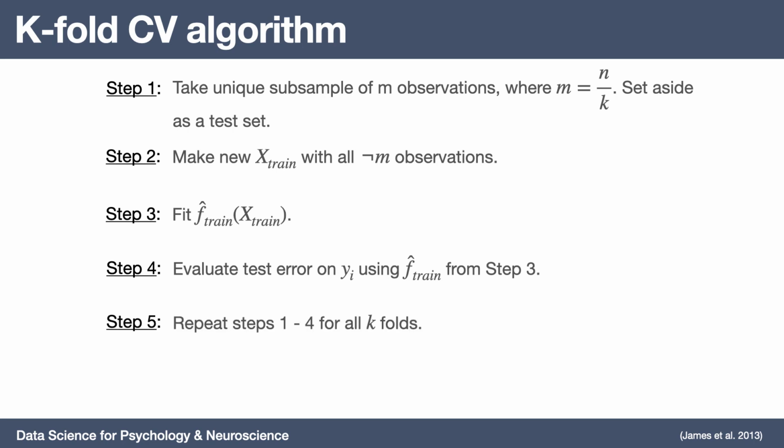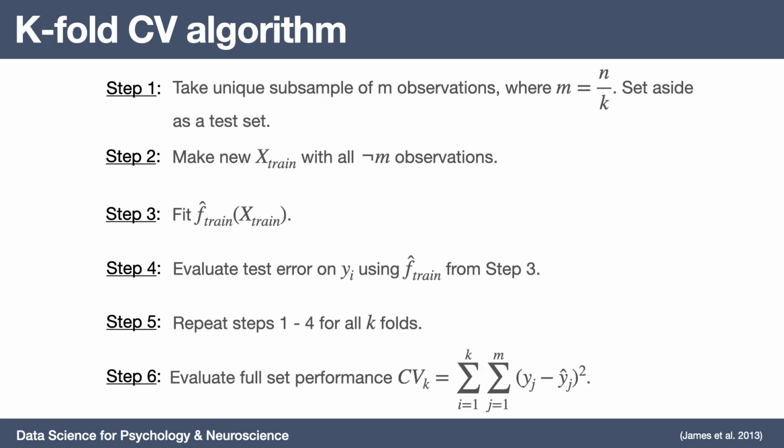And repeat steps 1 through 4 for all k folds. And finally, evaluate the full set performance by summing across all of the evaluations that you did on each one of the folds. Now you notice this is very similar to the algorithm that I presented for leave one out cross-validation, and that's because they're pretty much the same.